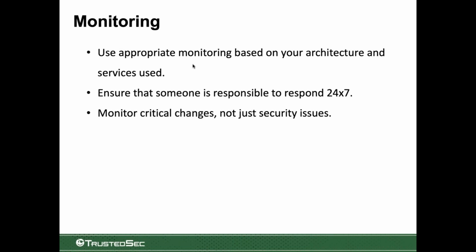If somebody's launching new services within your environment, or adding new keys, or if somebody accidentally puts your S3 bucket into public instead of private, you should get alerts on that, and there should be a specific change request following a change process. Somebody should be notified and alerted to that so that you can respond quickly if it's an issue that you didn't generate or that IT accidentally did or something along those lines.